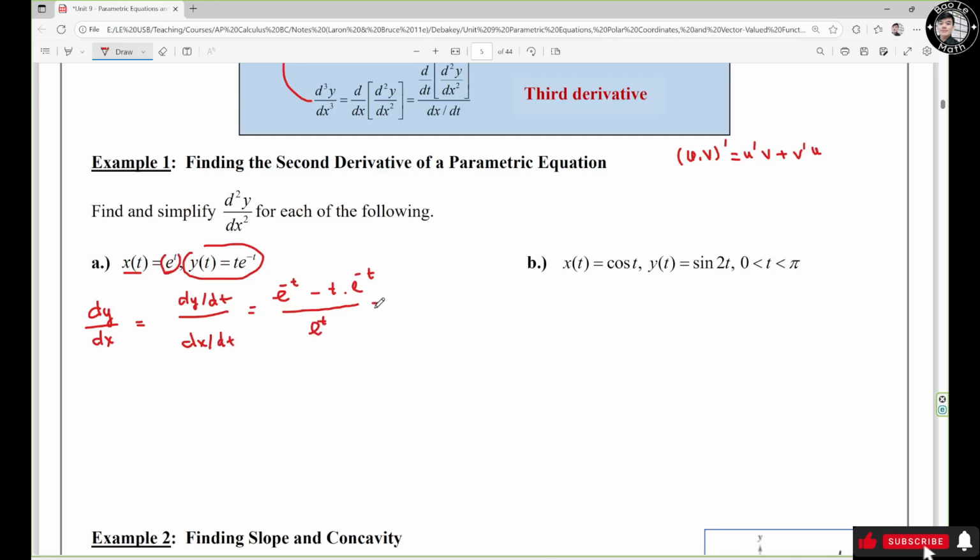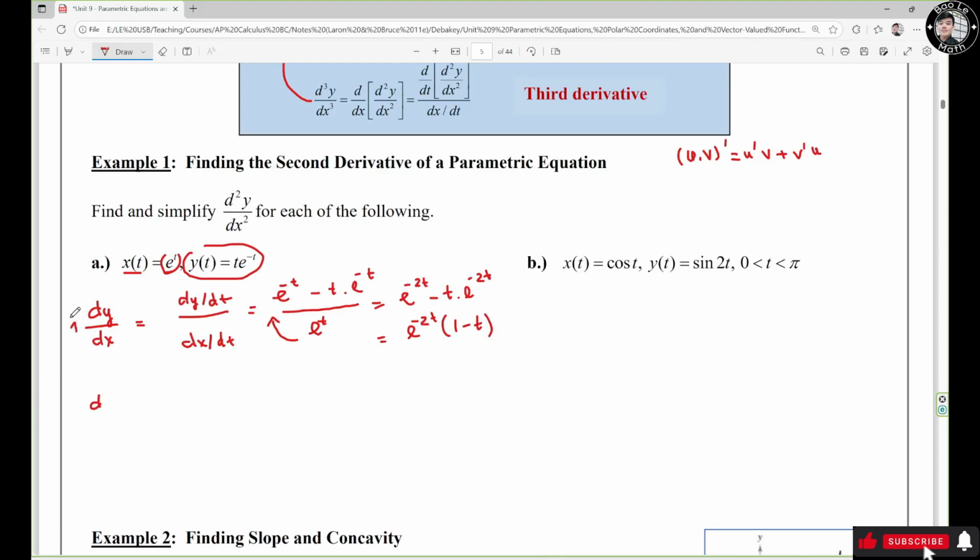Now I'm going to bring this to the top. So this turns out to be e to the negative 2t minus t times e to the negative 2t. I'm going to factor e to the negative 2t out, so it's going to be 1 minus t. Now I'm going to take the second derivative, which is the first derivative of this.